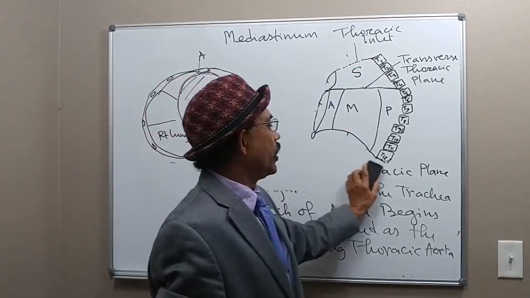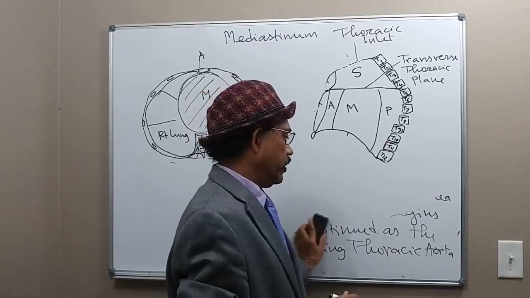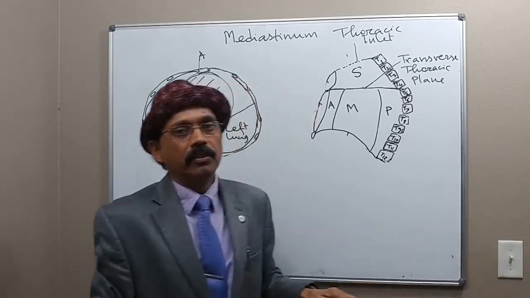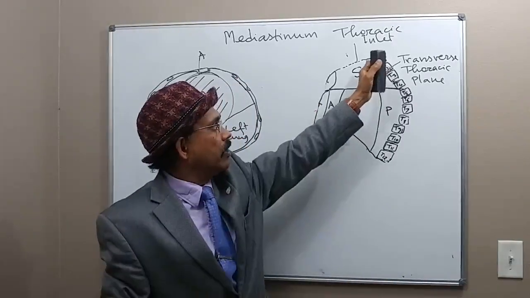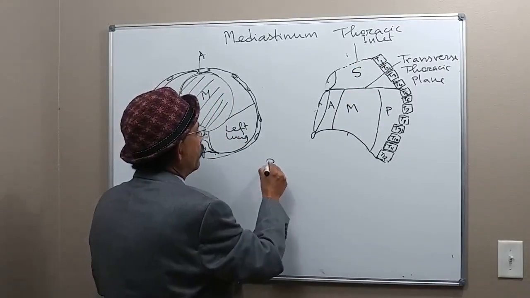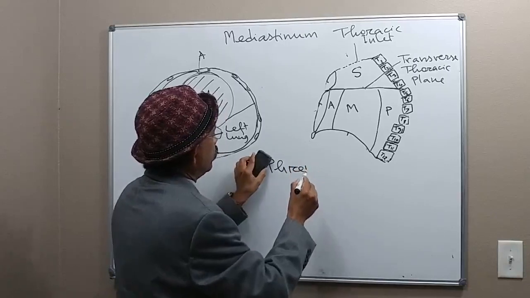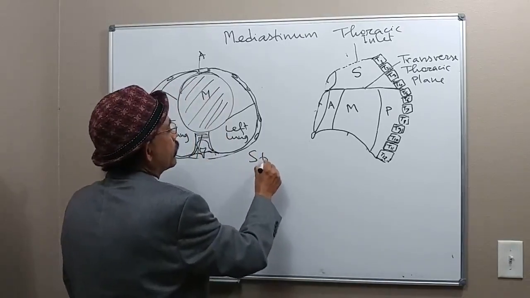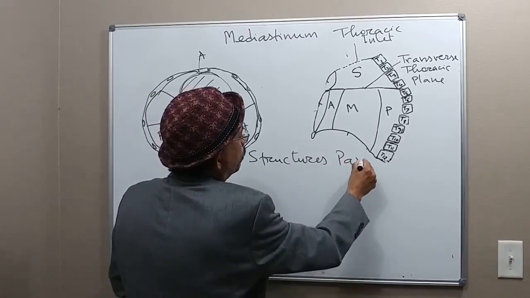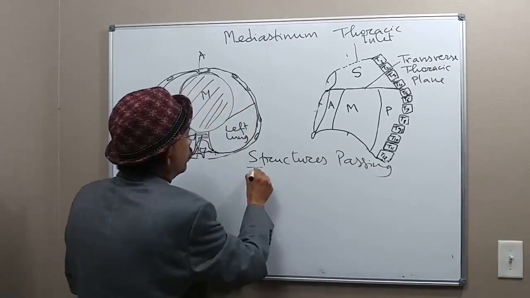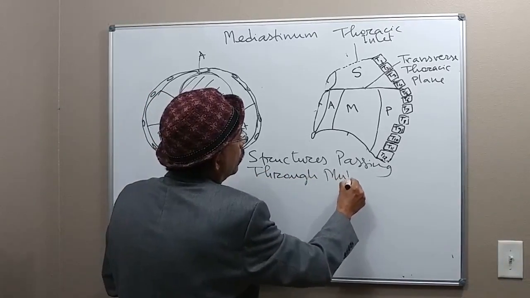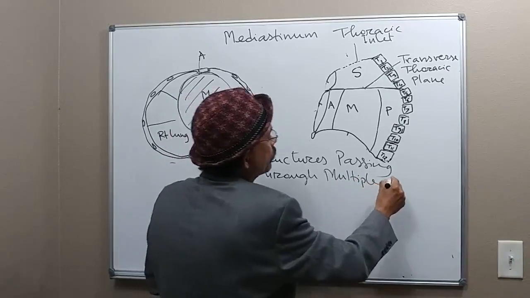We have multiple structures that run between multiple mediastinums. Suppose phrenic nerve, we can say structures passing through multiple mediastinums.